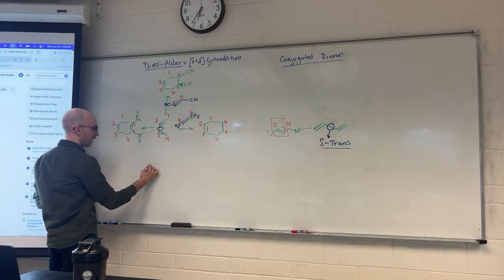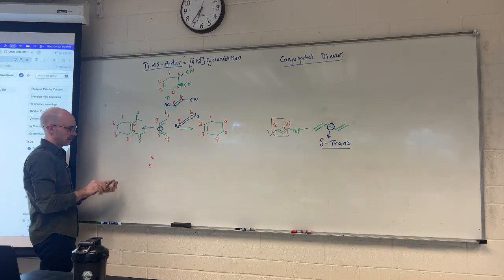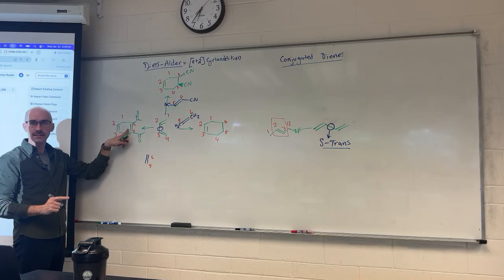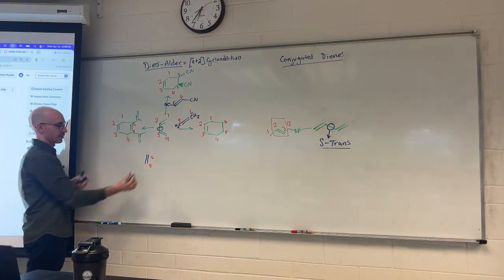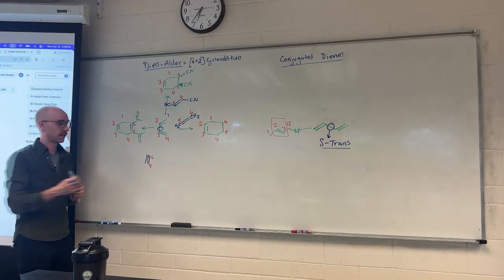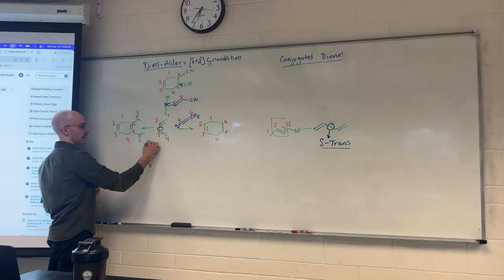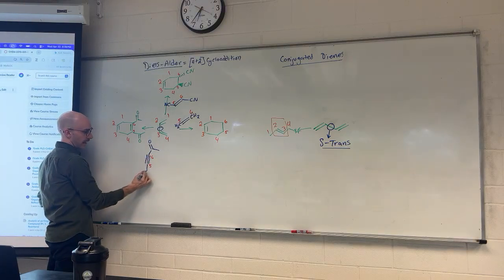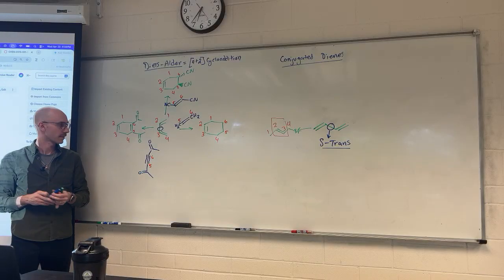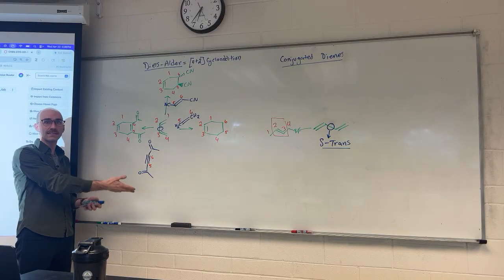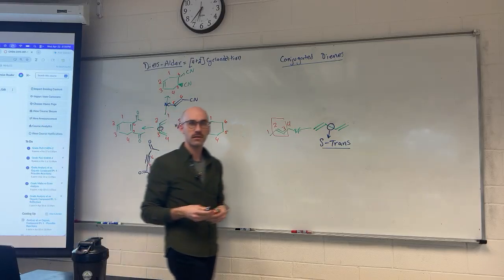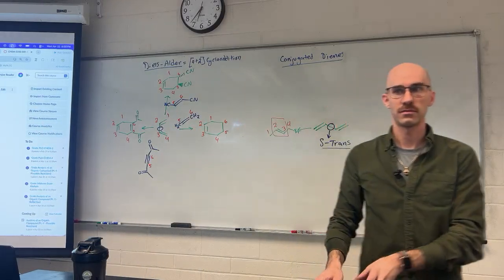So here's atom 5, here's atom 6, and an additional pi bond, an alkyne. An alkyne that has a ketone on one carbon and a ketone on the other carbon. And then when 5 and 6 react in the Diels-Alder, they give up one of their pi bonds.